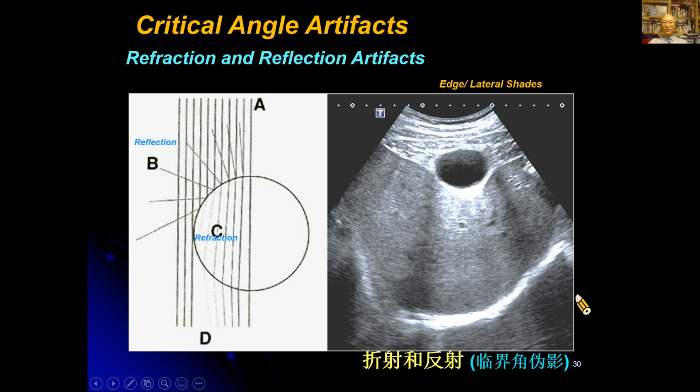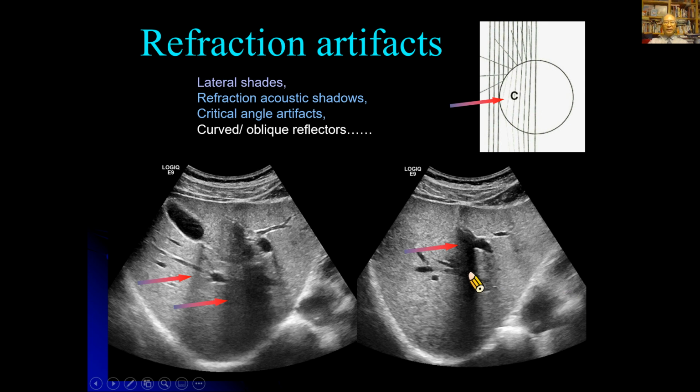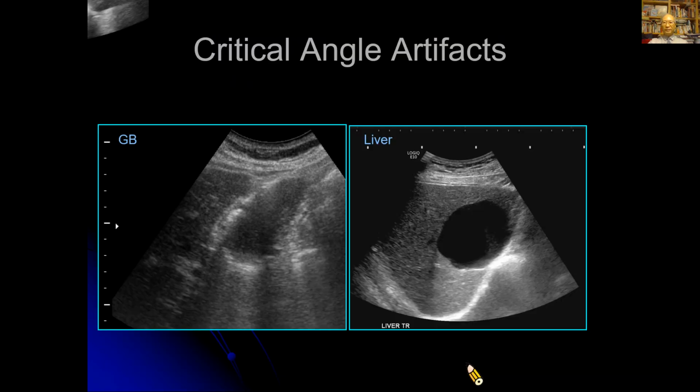In this example, that's the gallbladder. And not always on the margin of cystic structures, but sometimes from curved or oblique reflectors. Here is an example from the falciform ligament or round ligament. Also a kind of reflection artifact.